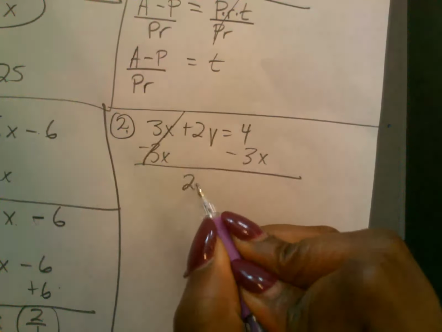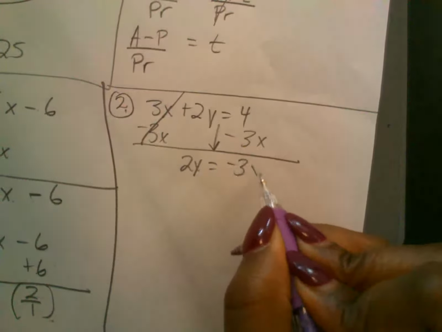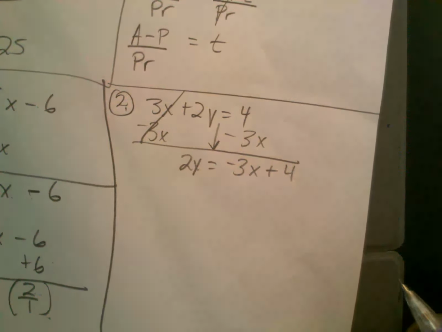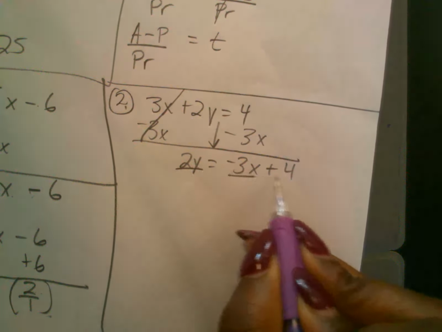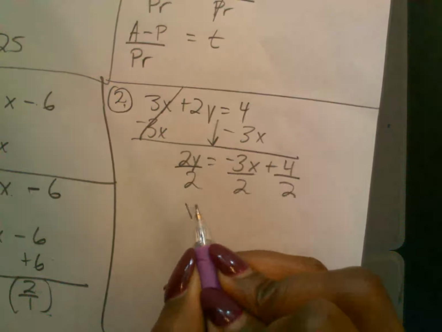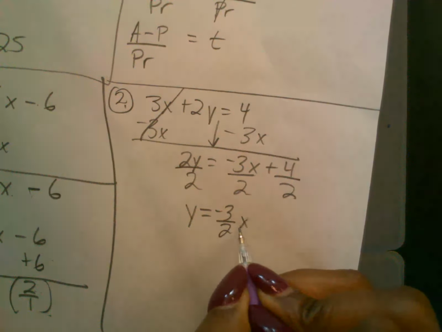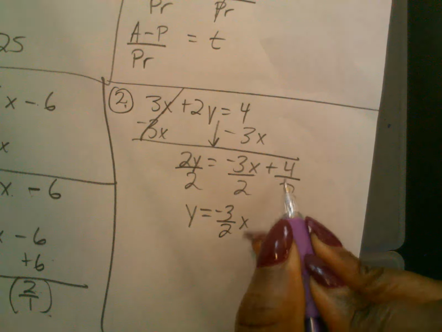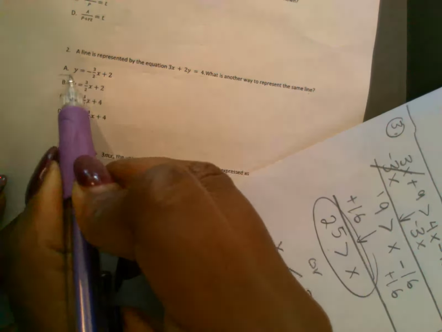This is gone and I'm left with 2y. What's left is negative 3x plus 4, okay? So now we're going to get rid of this 2, divide everything by 2, okay? So this gives me y is equal to negative 3 over 2x. When you reduce or simplify, that's 2, okay? So let's see, that's the first one, A, isn't it?